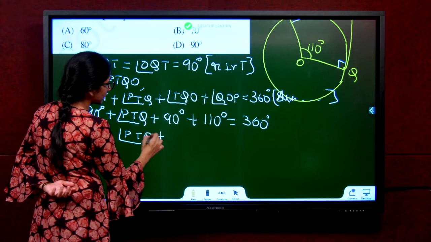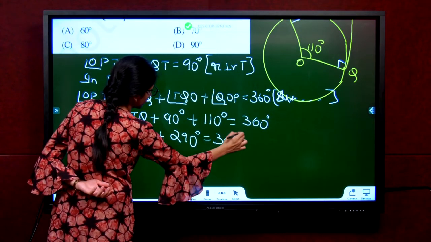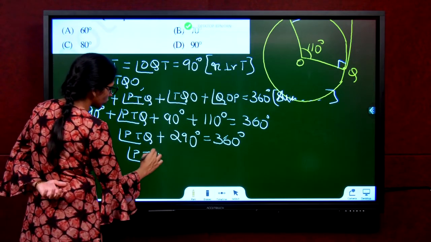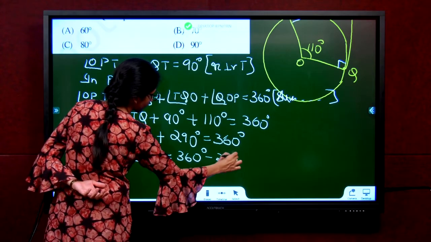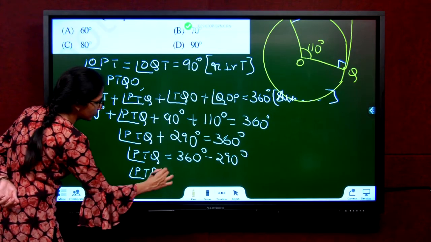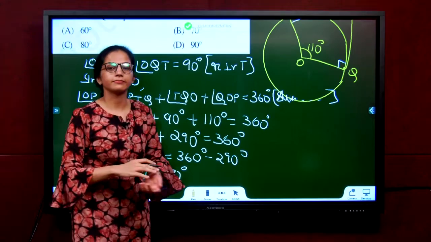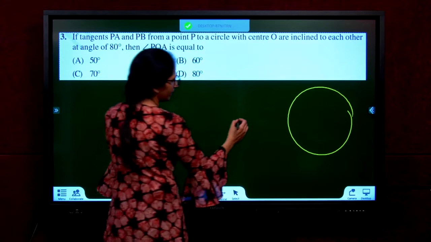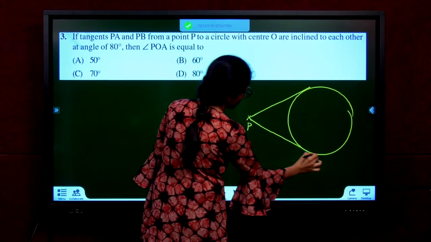Angle PTQ plus 290 degrees is equal to 360 degrees. Send the 290 degrees that side. Angle PTQ is equal to 360 degrees minus 290. How much is that? Angle PTQ is equal to 70 degrees. That's option B.